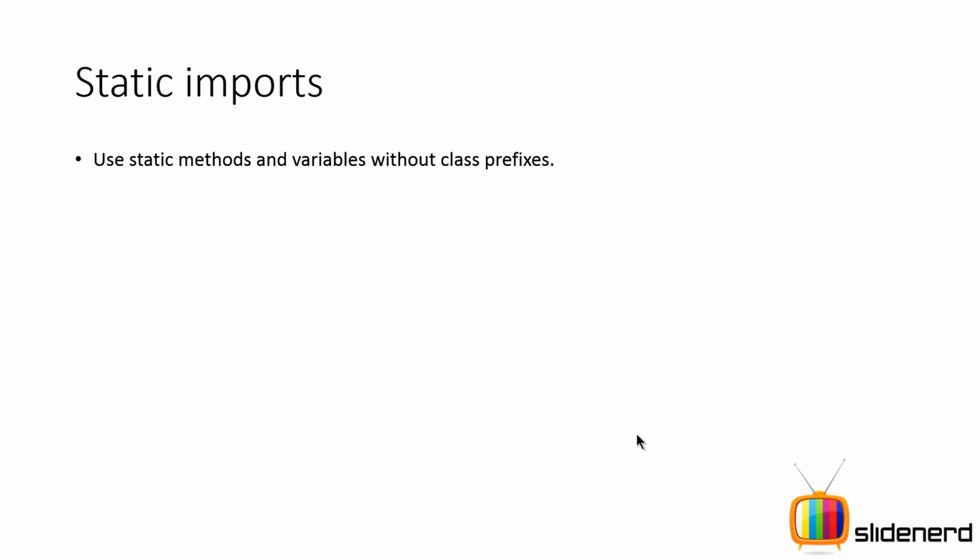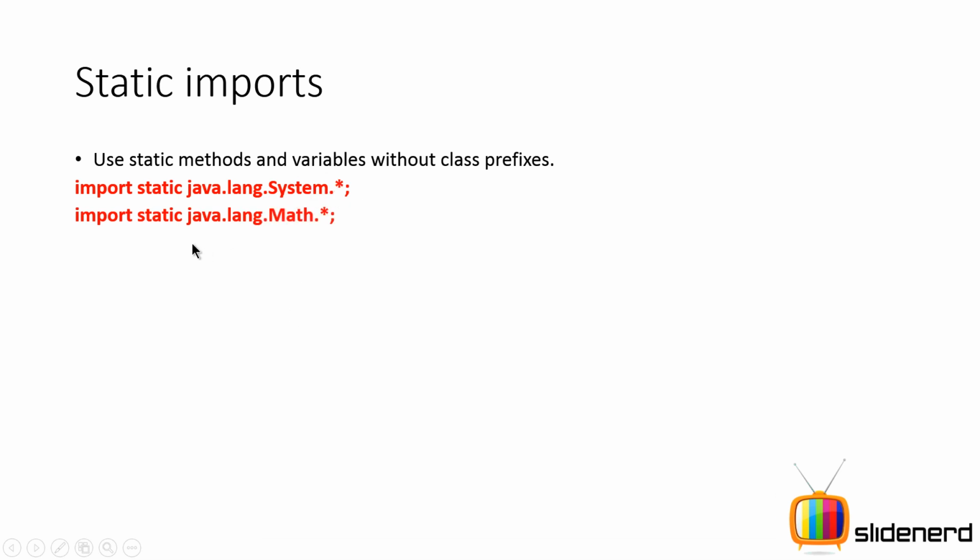Every time if I want to use static variables or methods, I always say ClassName.variableName or ClassName.methodName. However, I can avoid writing that class name every time by using something called static import. Now let's take a look at this. Here I've said import static java.lang.System.*. If you guys remember, System is actually a class.